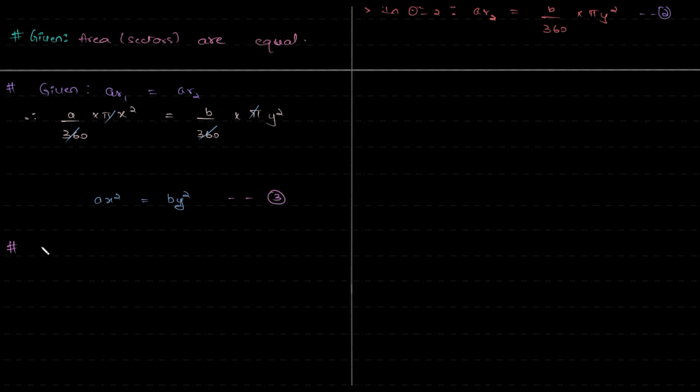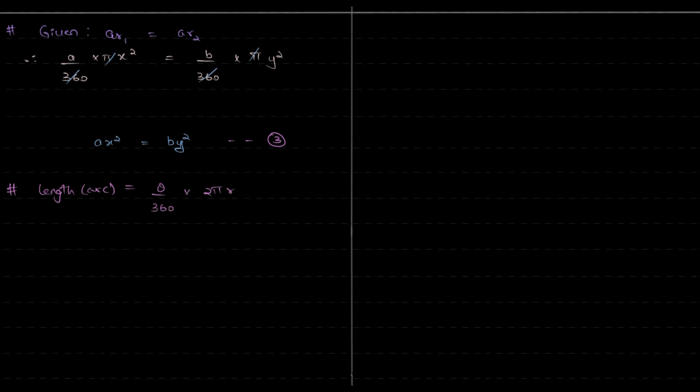Now we have to talk about the length of the arc. So length of an arc is given by theta by 360 into 2 pi r. Agree? So here we have L1 is equal to A by 360 into 2 pi x.